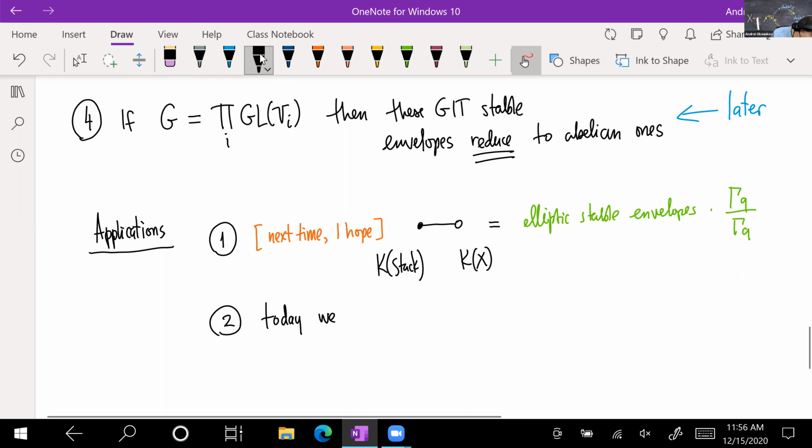We relate this, which is capped, to something more, to the K-theoretic stable envelope for the stack.